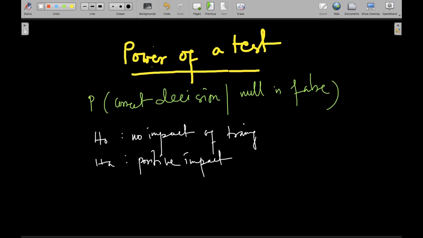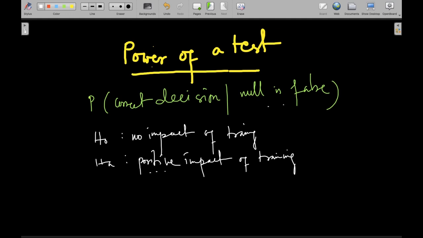If I think of it in terms of the power of a test, I would say it is the probability of a correct decision, the probability that I could identify the positive impact of training given that there is a positive impact of training.